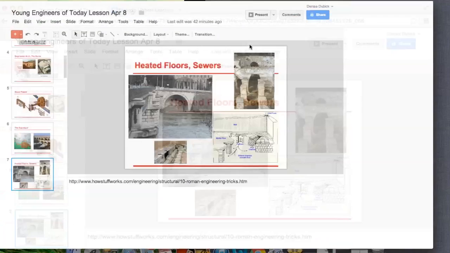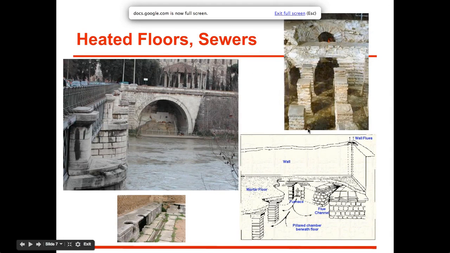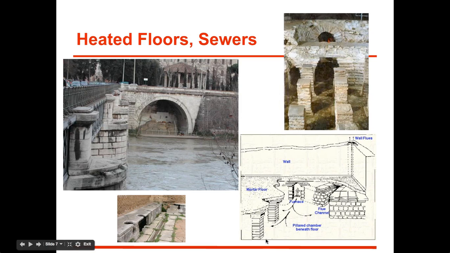So what they created, this would be what was under the floor. All of these columns are under the floor, so this would be the floor and the wall of the home, and then under it would be this space supported by columns, and there'd be a furnace in one room, again, under the floor. People would have no access to this.